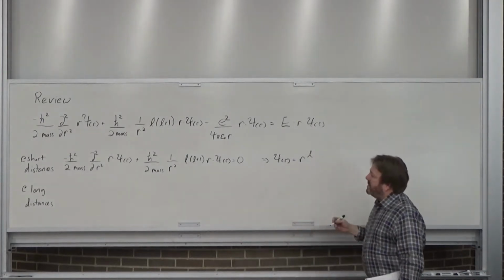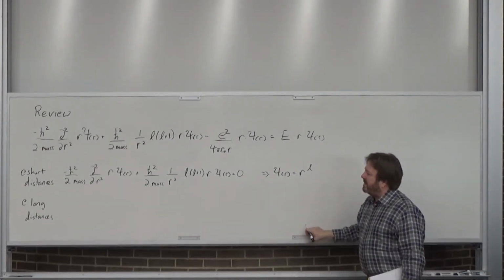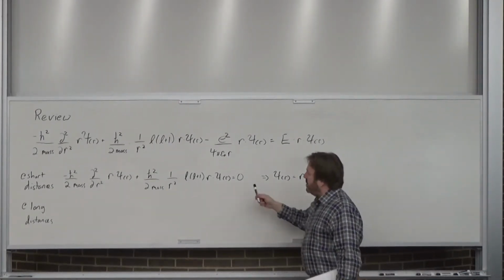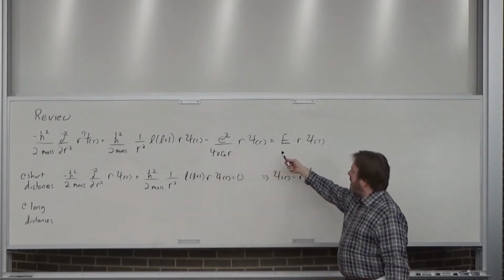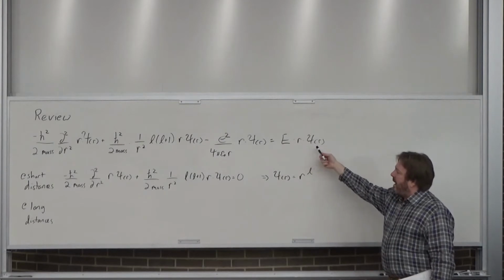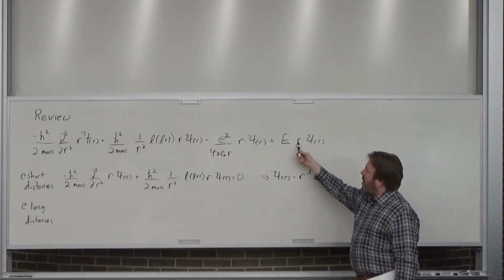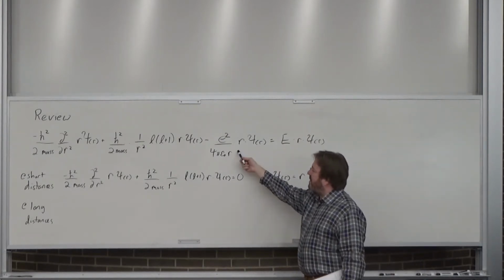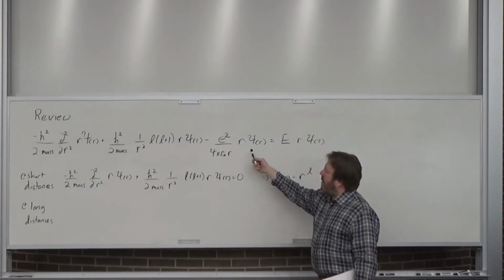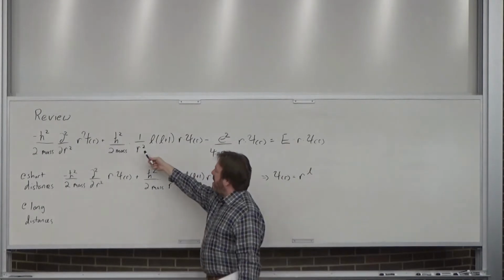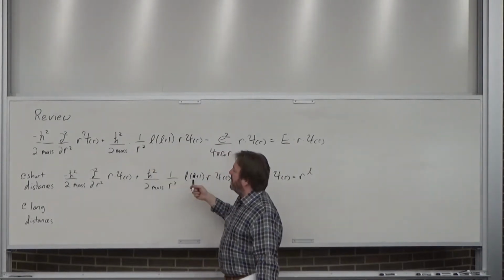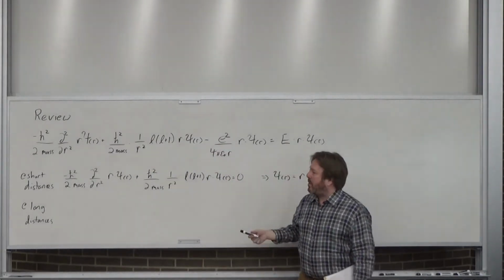If I want to solve this at short distances, what I can do is look at what I did. I got rid of this, and I got rid of this. That's because there's no R dependence here. So I said if R is very small, these don't contribute compared to this, which actually has a 1 over R dependence, and 1 over a small number is a big number.